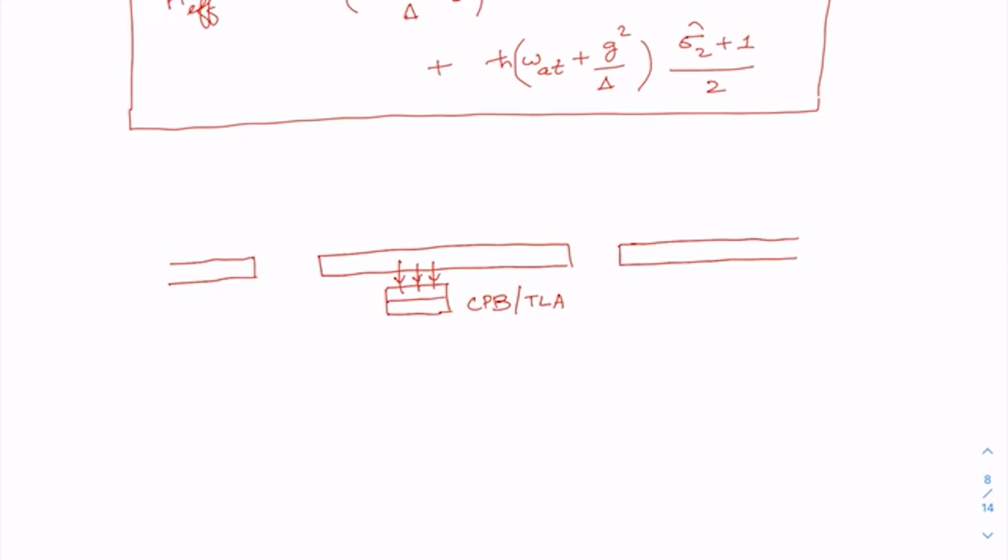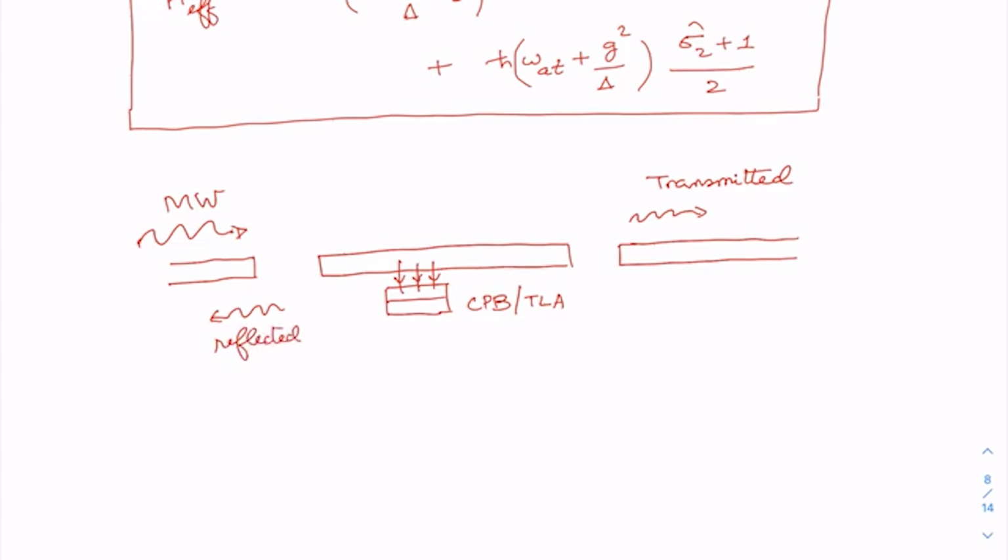Now, at the moment, let us say we have a Cooper pair box put on the transmission line resonator like this. What is done is a microwave drive signal is incident on the transmission line resonator, and some part of the microwave signal incident on the resonator gets transmitted, and a part of the signal may also get reflected.